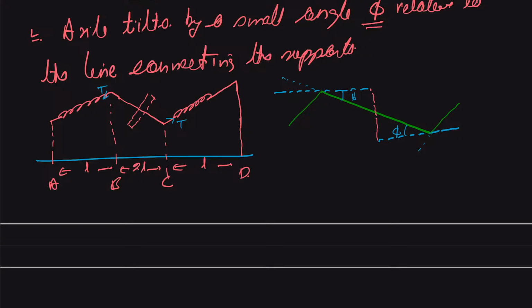We know that this length is L because the total is given as 2L, so with respect to the center of mass, this will also be L. This is the figure which is given to us, and from here we can find out what will be our point B and this is our point C.